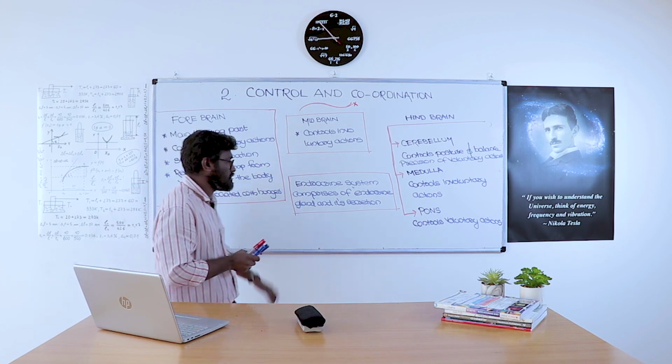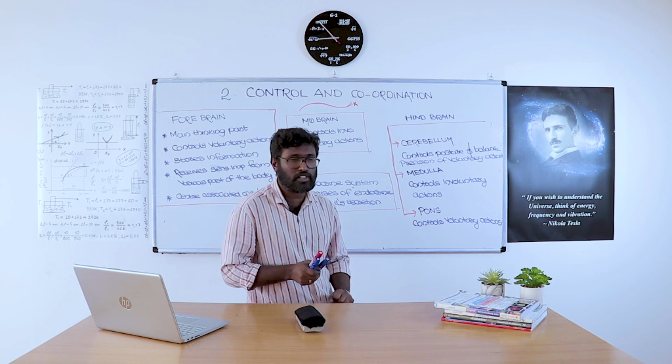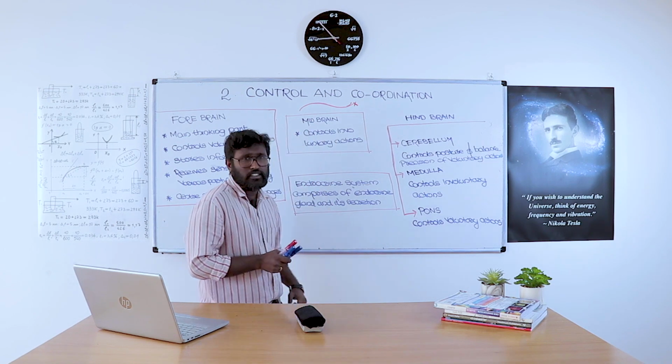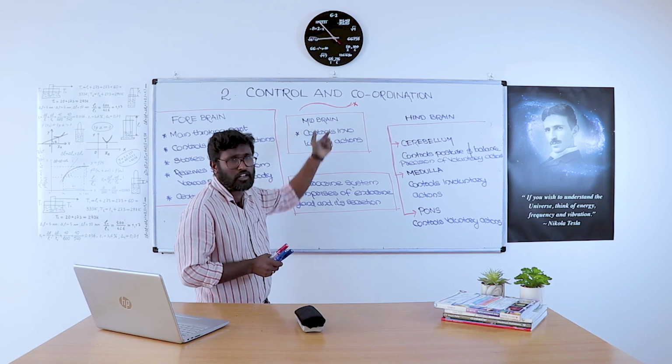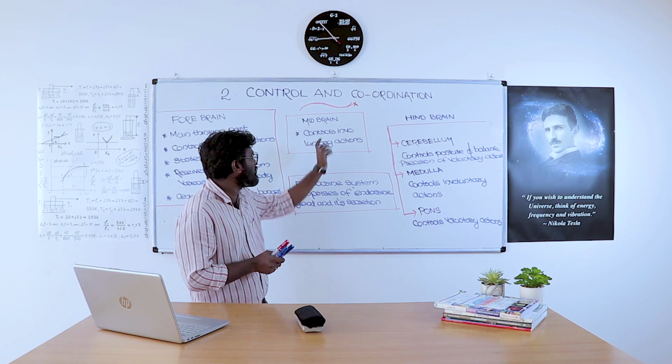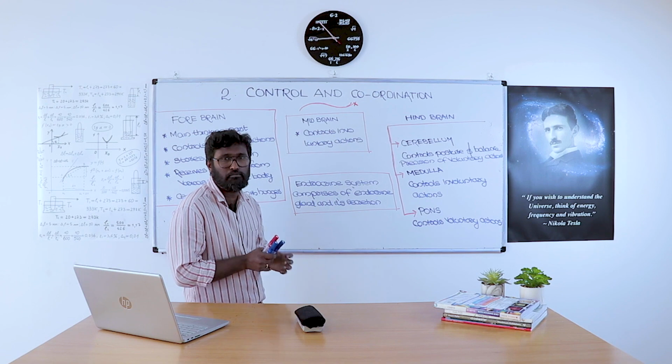It is also the center associated with hunger. So it controls voluntary actions, stores information, is the main thinking part of the body, receives sensory impulses and integrates them, and is associated with hunger. The part of the brain which controls involuntary actions is called the midbrain.